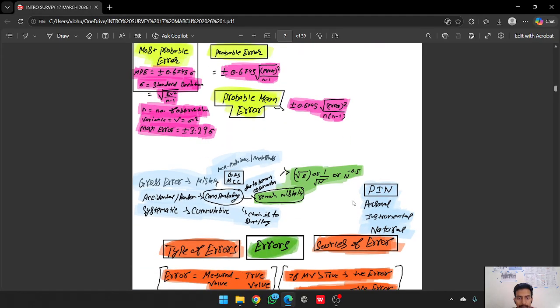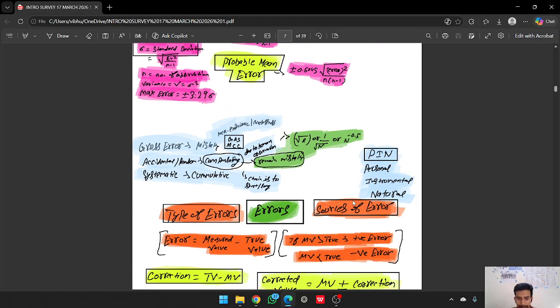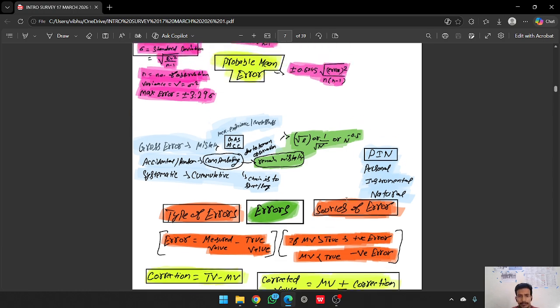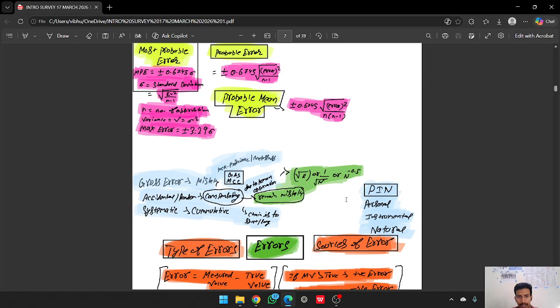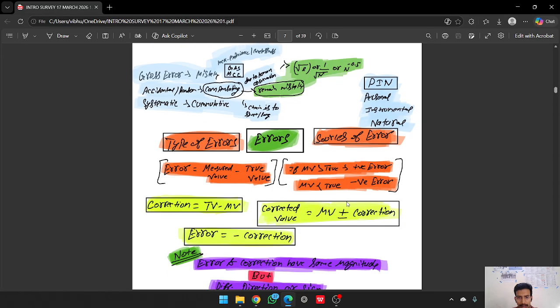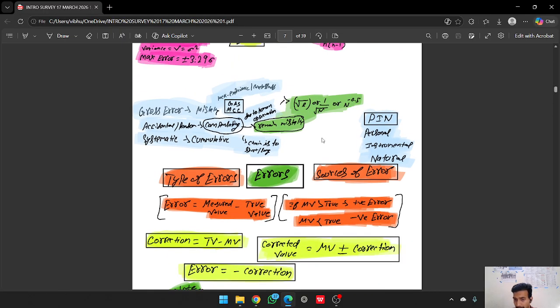Now we have to discuss the error. What is error? There are types of error and sources of error. If we discuss the sources of error, there are three sources of error: personal error, instrumental error, and natural error.